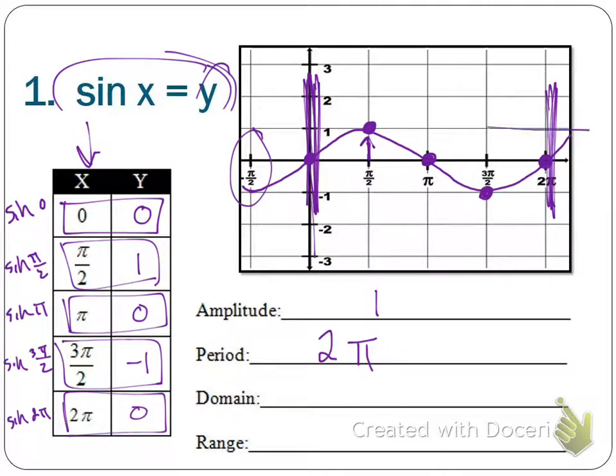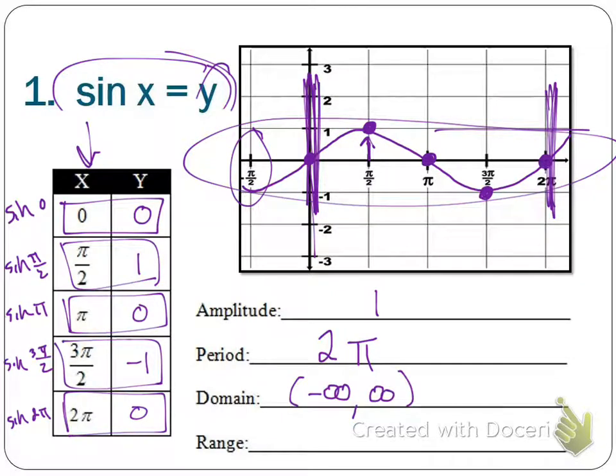Or if you look at the graph, what x values are we going to actually hit? Since the curve keeps going up and down forever in both directions, we're going to end up going from negative infinity to positive infinity. We can put in whatever angle measure we want for x, and it's not going to hurt our sine at all.